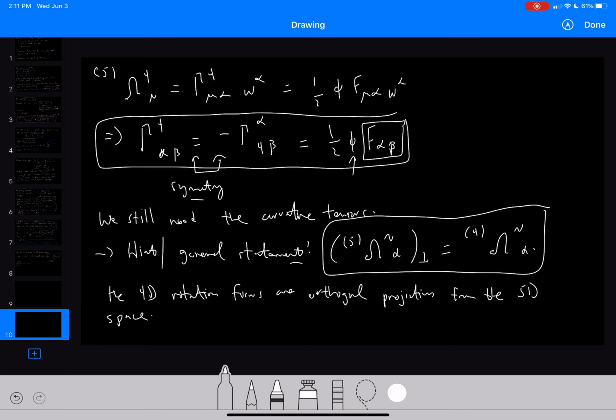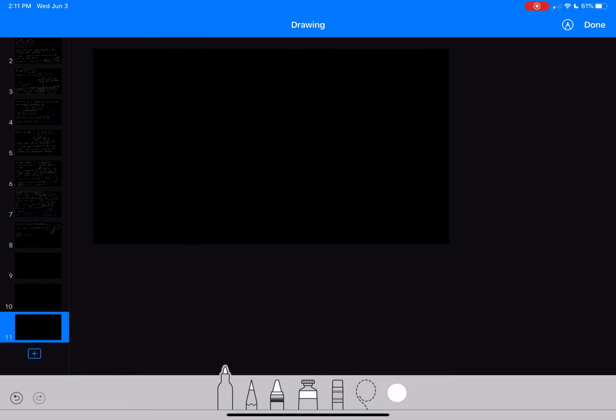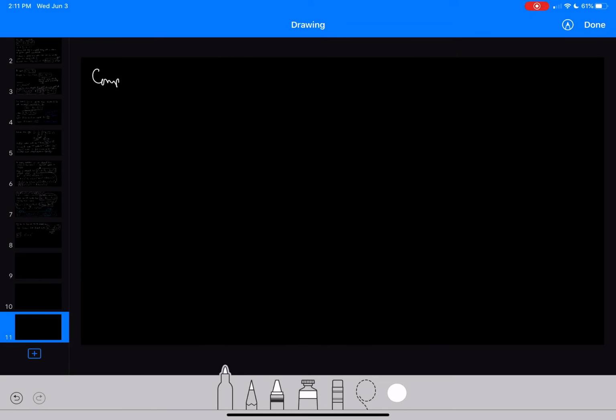And we said that right from the beginning. So now what I will do is compute exterior derivatives and take their orthogonal projections.